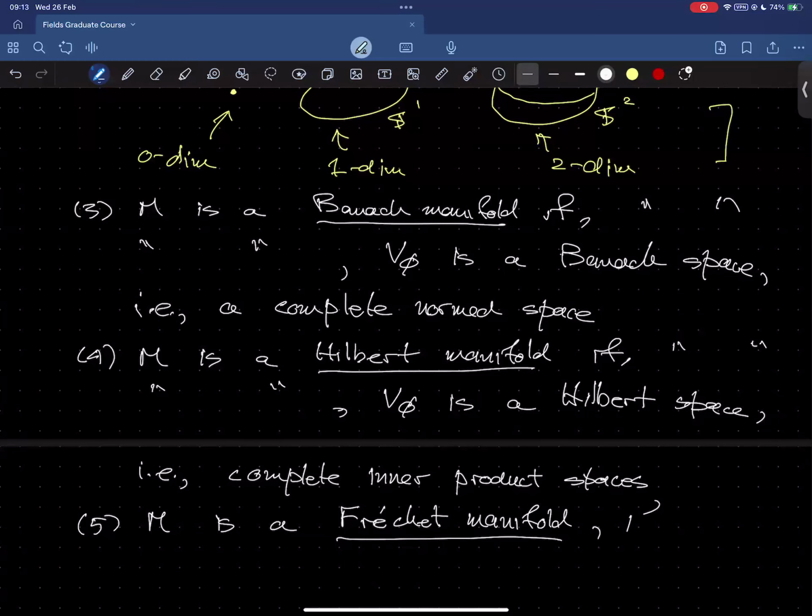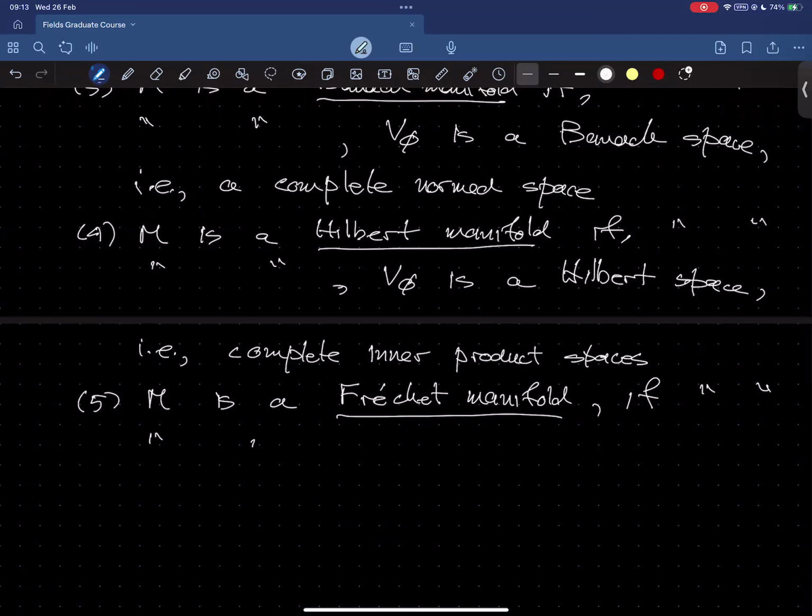Again, for every admissible chart (U_phi, phi), V_phi is a Frechet space. We didn't talk much about Frechet spaces, so let me say a few words about it now.